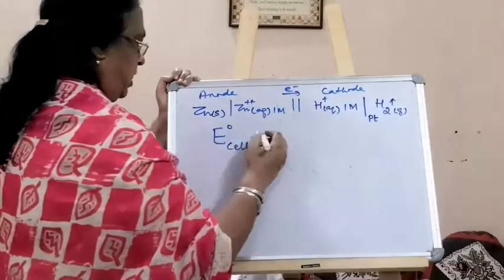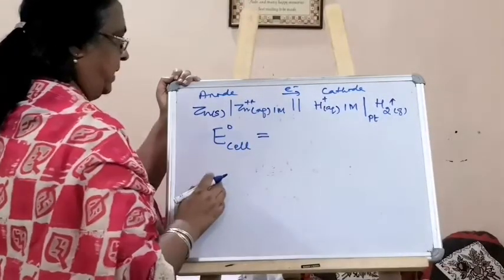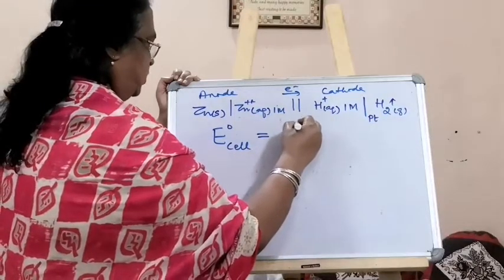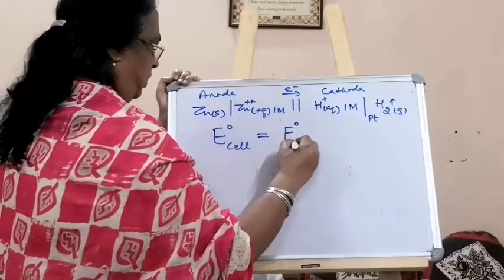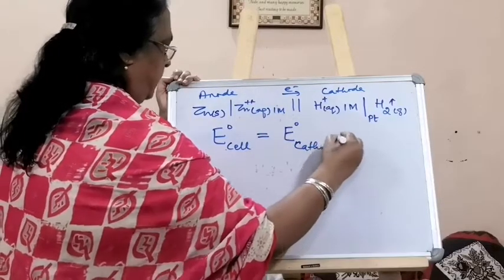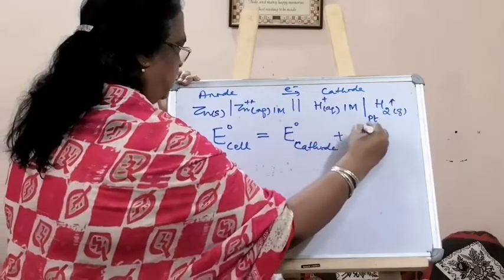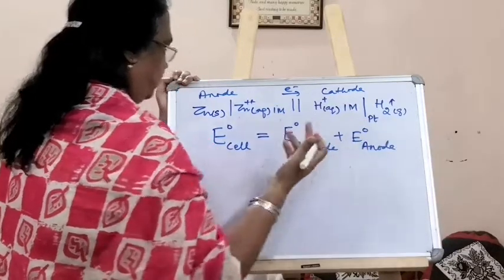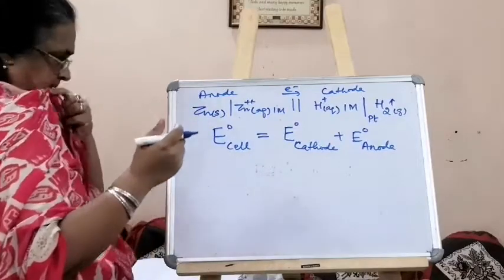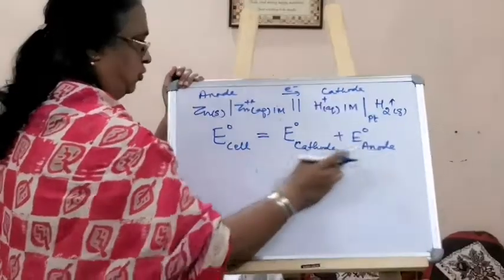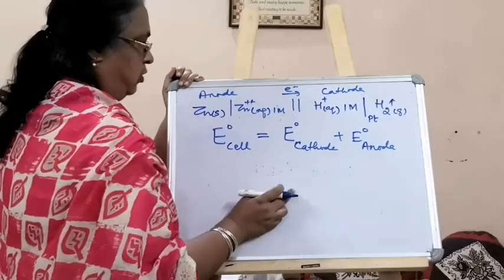So here this is equal to electrode potential of cathode, we start from cathode first, plus E0 of anode. There is no hard and fast rule that I should write cathode first, but generally it is taken, so I am writing it. It should be E0 cathode plus E0 anode.